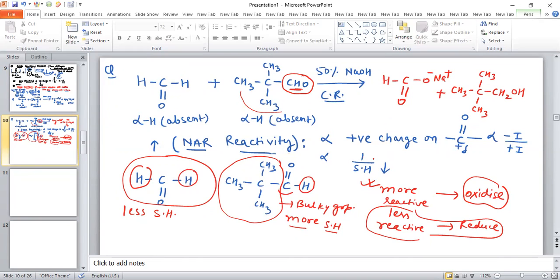Now, we have discussed self Cannizzaro reaction, then we have discussed cross Cannizzaro reaction.